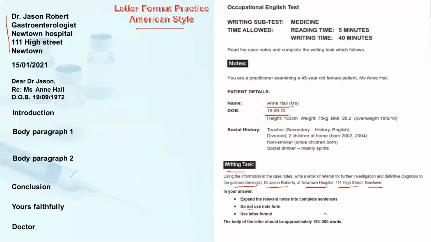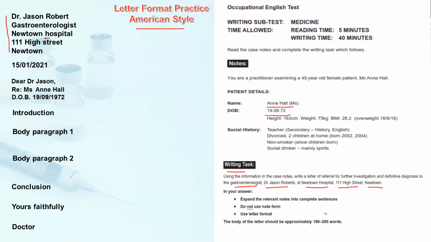Oh yes, sorry. Newtown Hospital should have a capital H, and Street should also be capital.